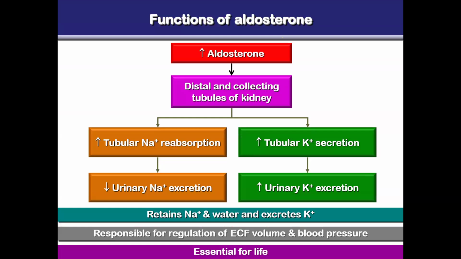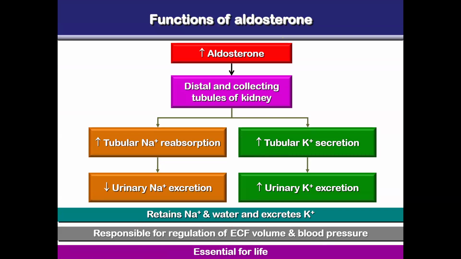So by regulating the amount of sodium and potassium in the body, aldosterone is a hormone which is essential for life. Because if there is no aldosterone in the body, then sodium and water will be lost, extracellular fluid volume will decrease, and blood pressure will decrease, so much so that it can lead to death.